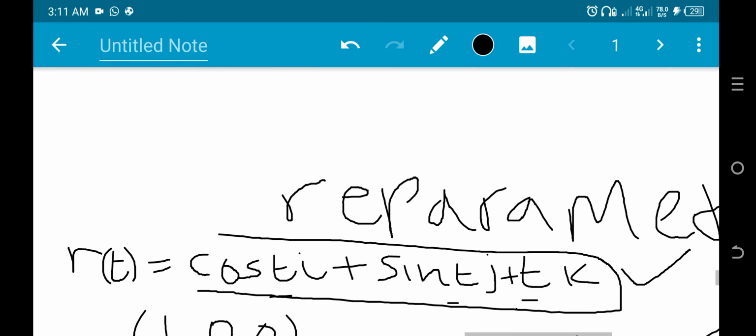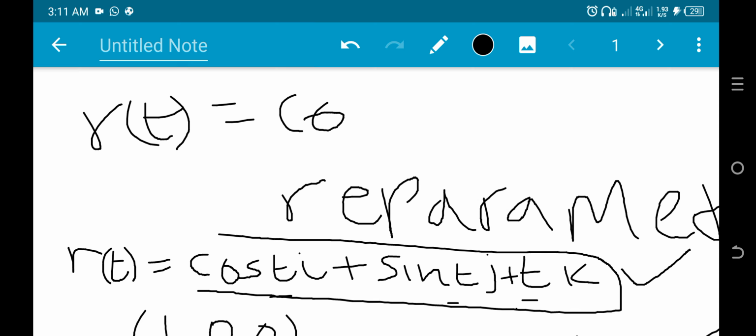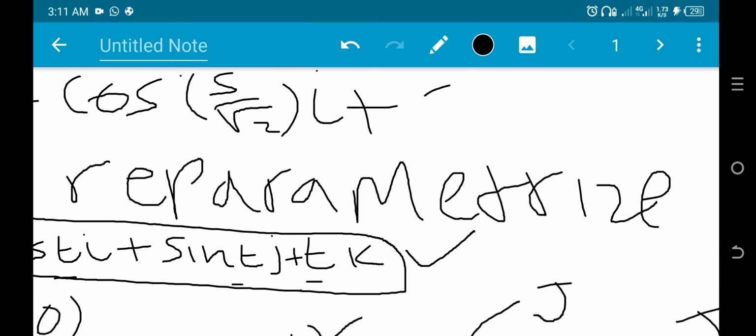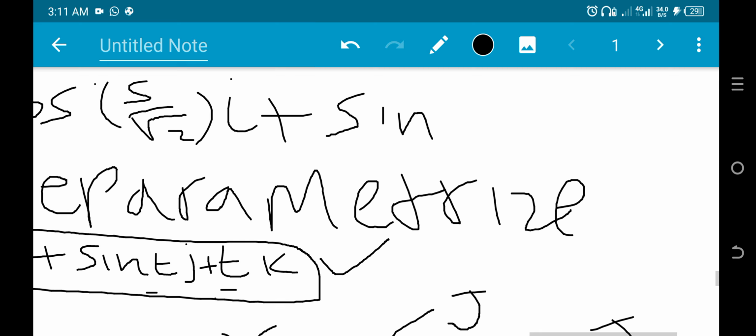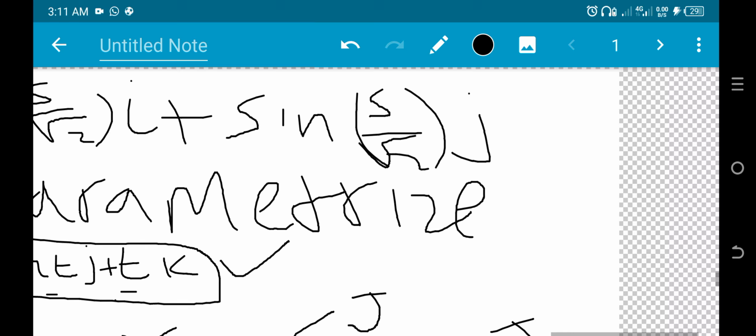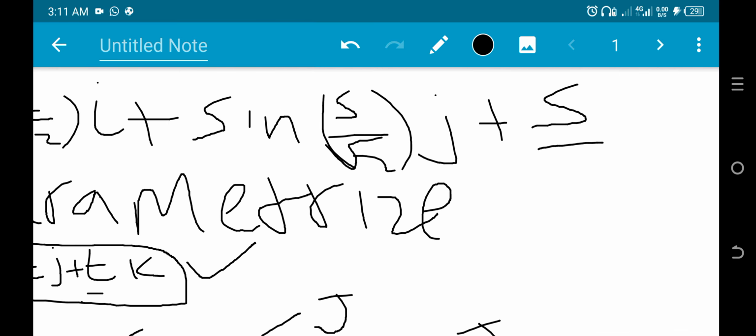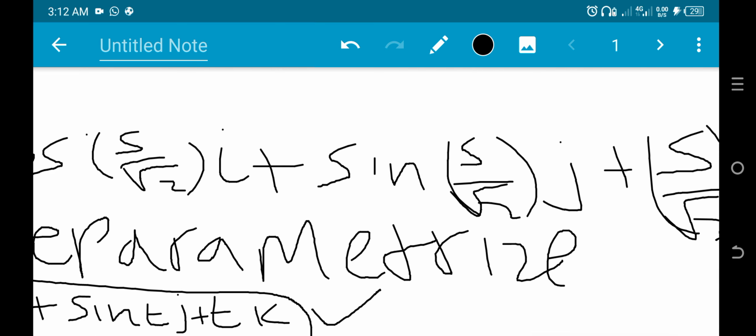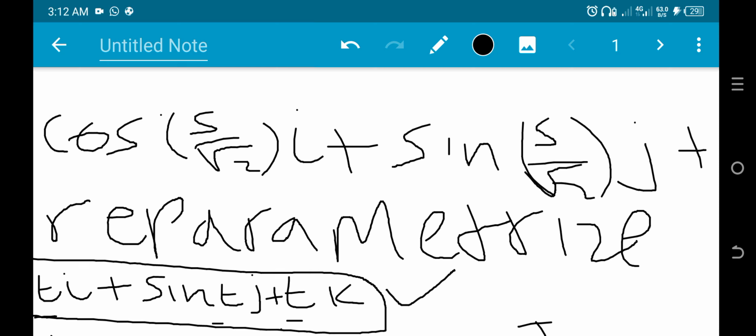So our final answer is r(t) equals cos(s over root 2) i plus sin(s over root 2) j plus (s over root 2) k. So this is the final answer. That is the way to go about every question which will ask you to reparametrize a vector valued function.